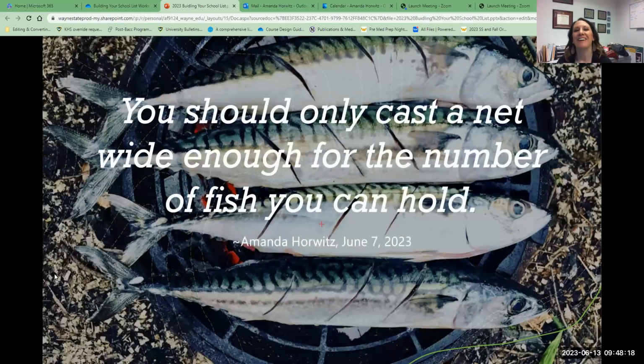You should only cast a net wide enough for the number of fish you can hold, meaning you should only be applying to the schools that you can really afford to, that you have the time and energy to see the application process all the way through for, and that you really are competitive at by doing a deeper dive into what your numbers are, which means having both a verified GPA and an MCAT score.